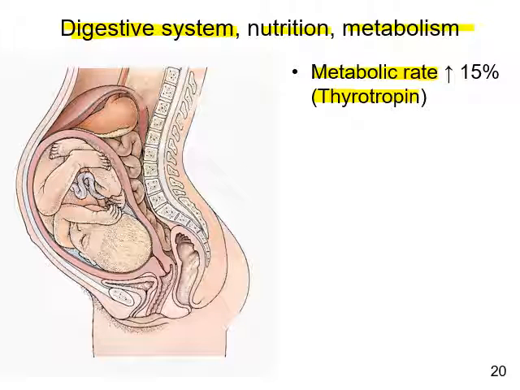So in AMP2, we talk about the digestive system, and now you know that this system is activated by pregnancy in order to increase metabolism during pregnancy, and the reason is obvious. The mother is developing a lot of cell growth and development.